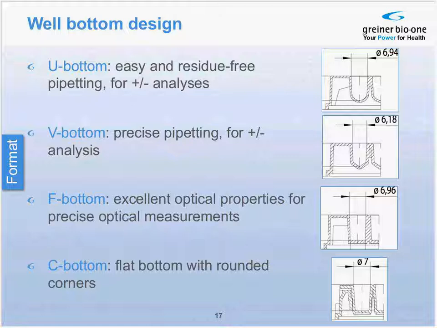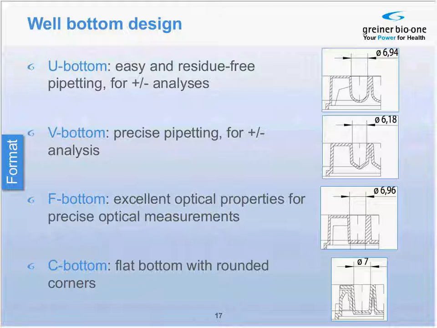ELISA microplates are offered with different well bottom designs. U-plates guarantee easy and residue-free pipetting and washing, but, due to the optical properties of the round bottom, are only recommended for plus-minus analysis and not for quantification.